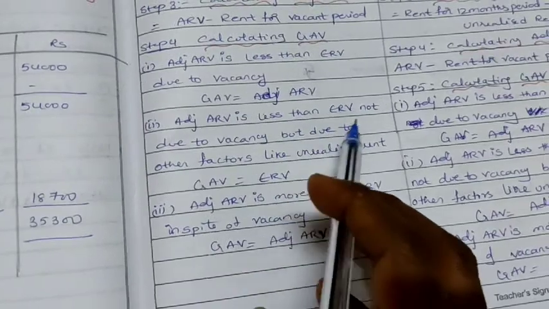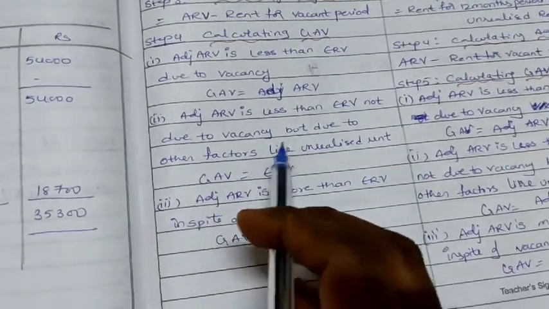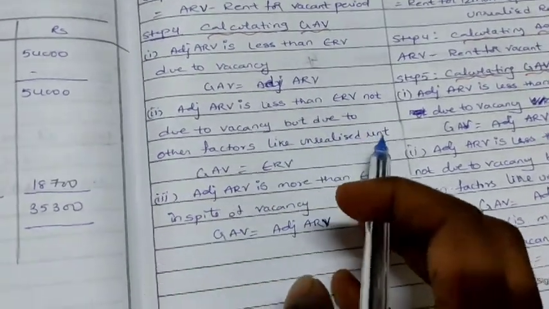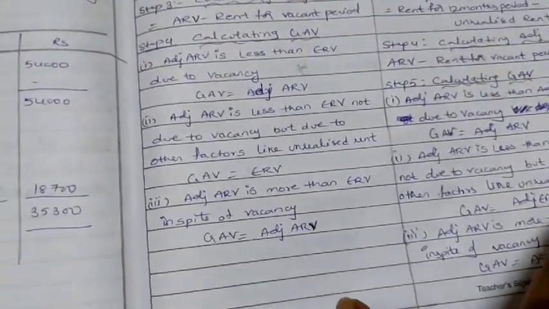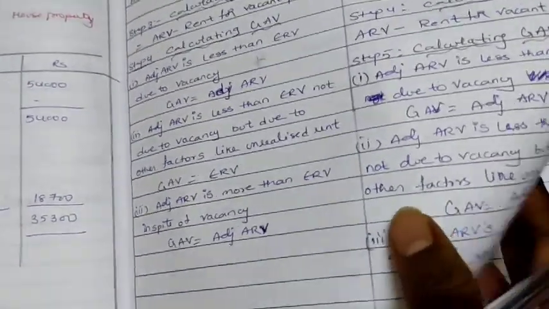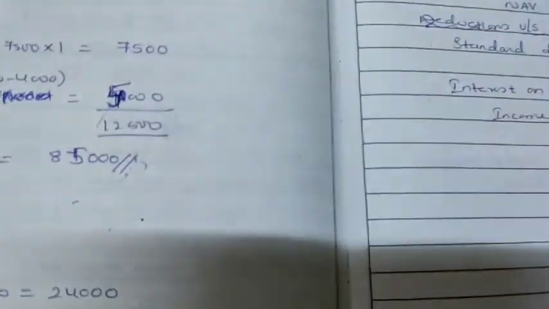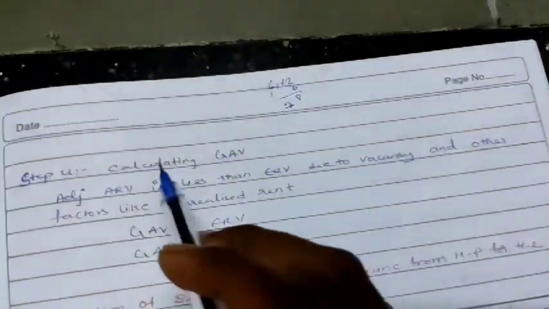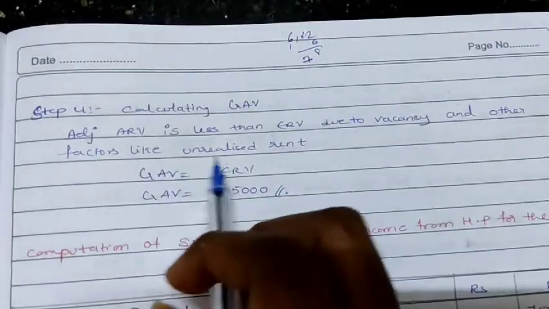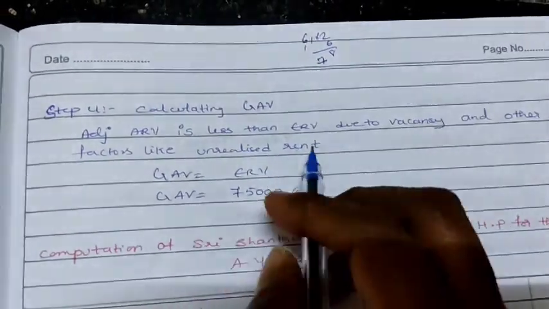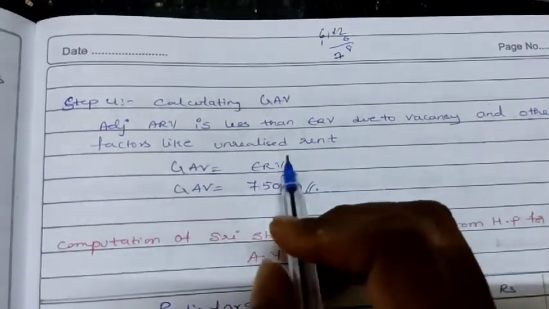Adjusted ARV is less than ERV not only due to vacancy but also due to other factors like unrealized rent. So in that case GAV is equal to ERV.